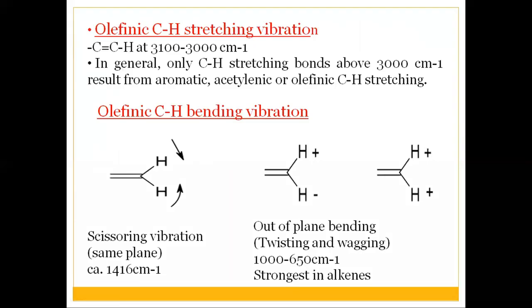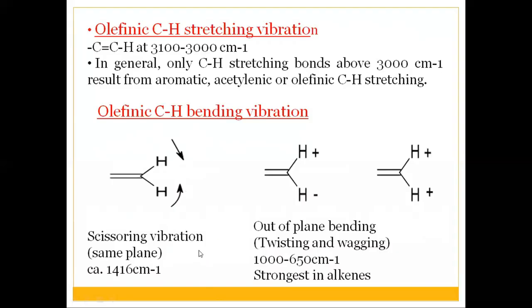So as we had discussed during alkanes, alkane CH stretching will be observed below the 3000 level. Whenever olefinic CH is present, the stretching vibrational frequency will be observed at 3000 to 3100 per centimeter.